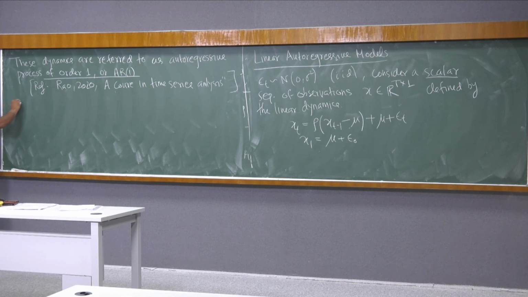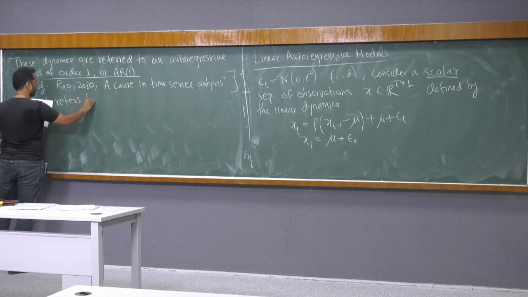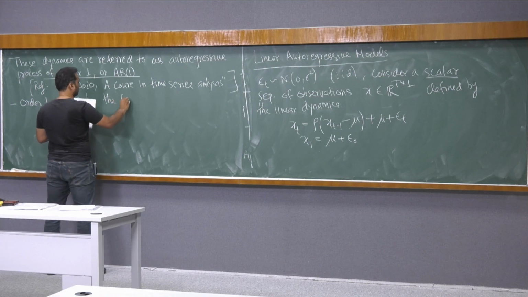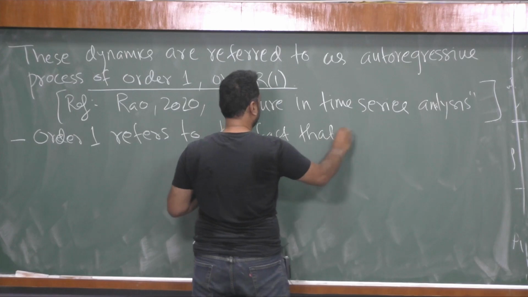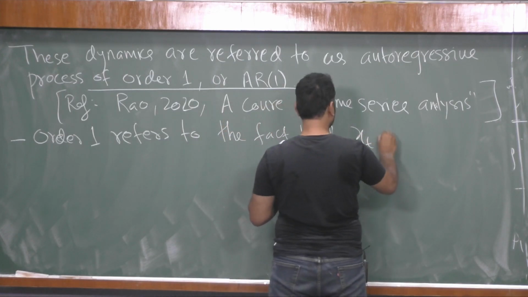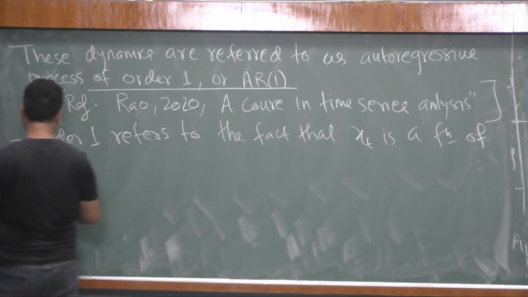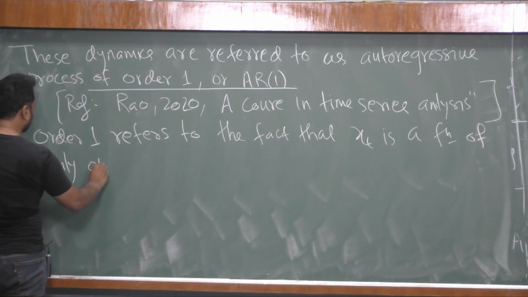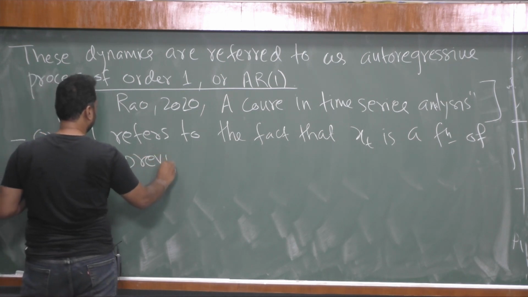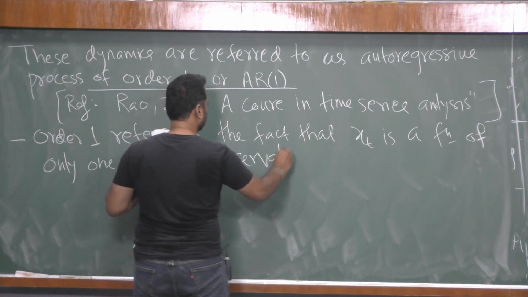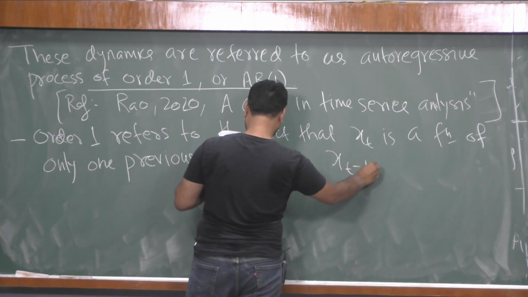So here order 1 refers to the fact that xt is a function of only one previous observation, which is xt minus 1.